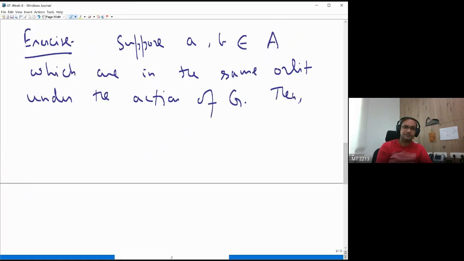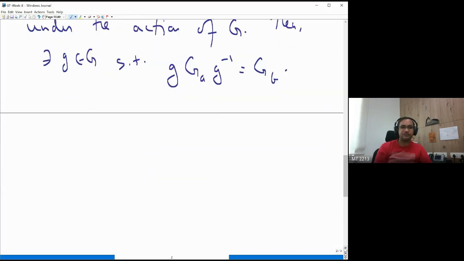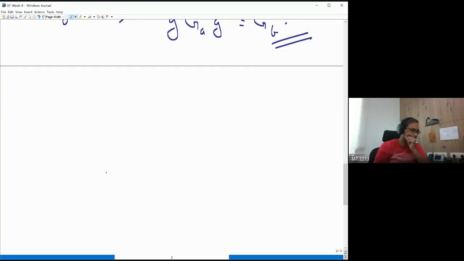Then there exists g in G such that g G_a g inverse is G_b. Okay, I'll leave this exercise for you, or we can do it later when you can try yourself. It's quite an easy exercise. In fact, the element g will come from the element which sends a to b.